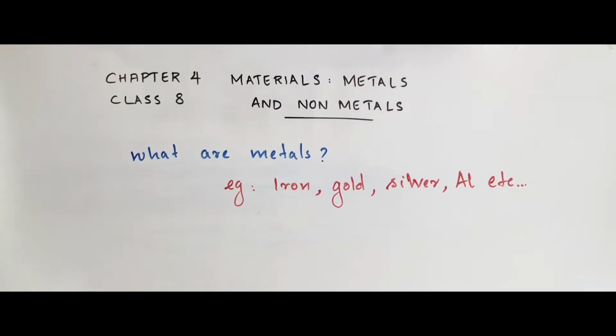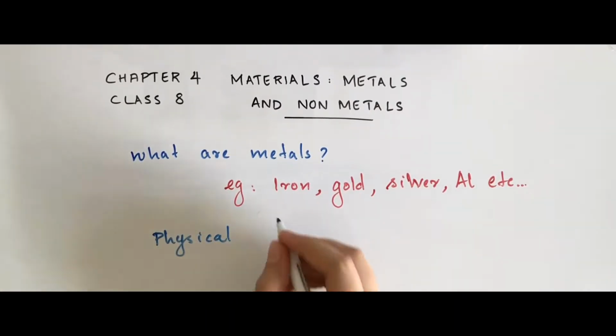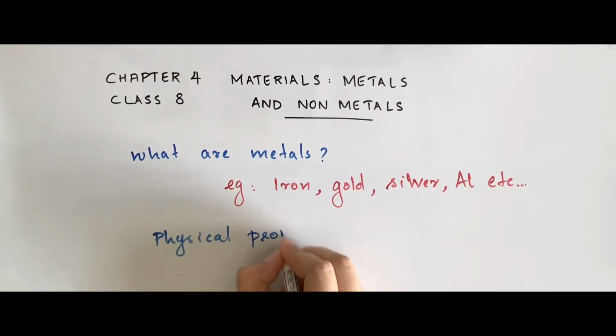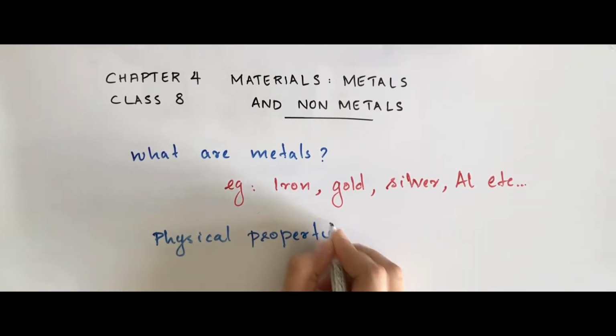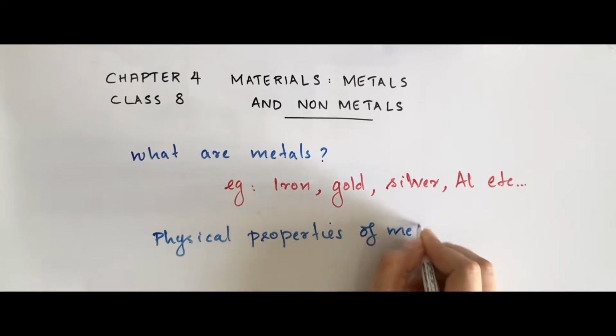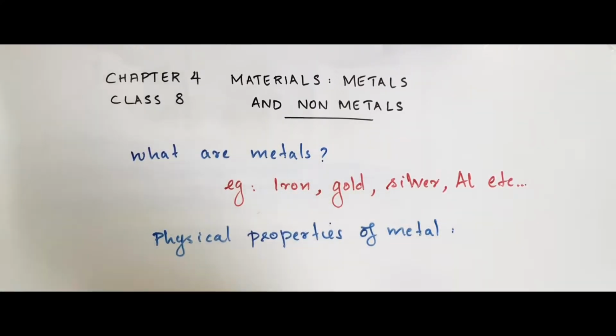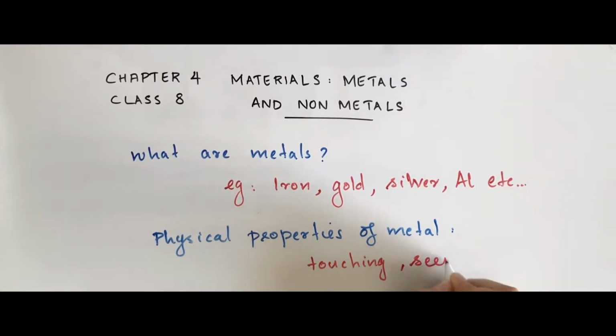Now let us see the physical properties of metals. We'll be dealing with that first. By this name, what we could identify is that physical properties are those which we come to know by just touching, seeing, or by looking at the color.